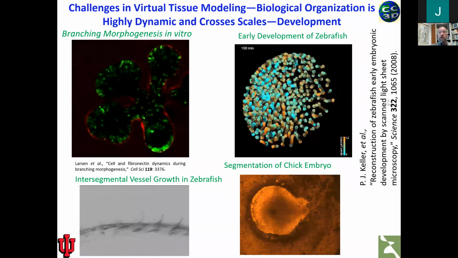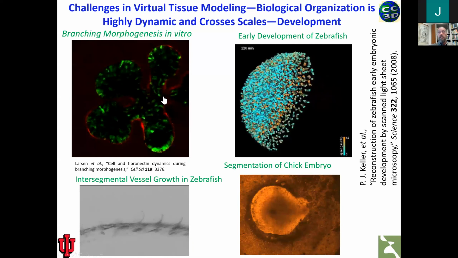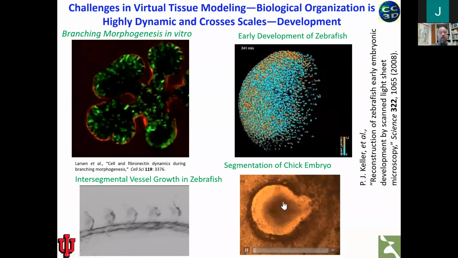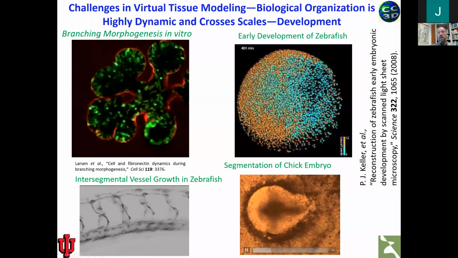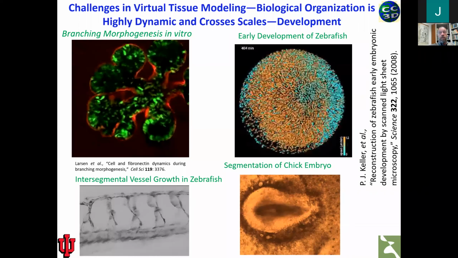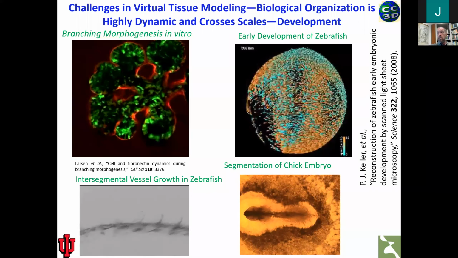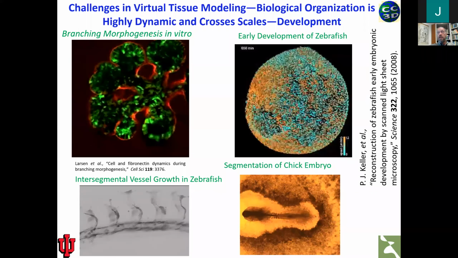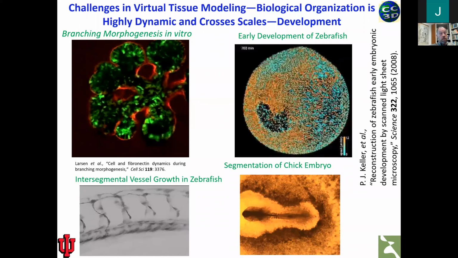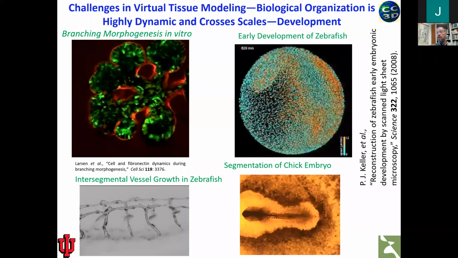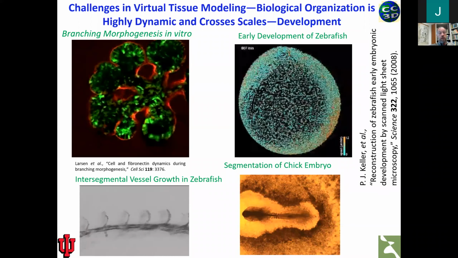If we look at real experimental developmental problems, we see that they're very complex, and they also involve a lot of scales. In the top, we have branching morphogenesis in an explant of lung tissue. On the right-hand side at the top, we have the development of a zebrafish embryo. Every cell in that zebrafish embryo was labeled by a team and being tracked.